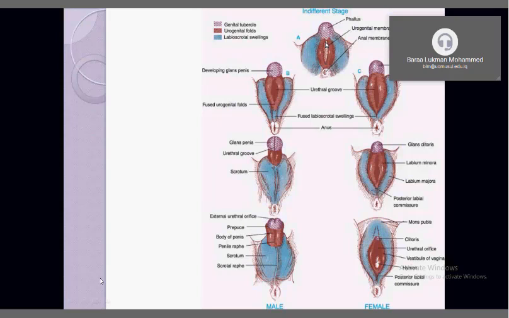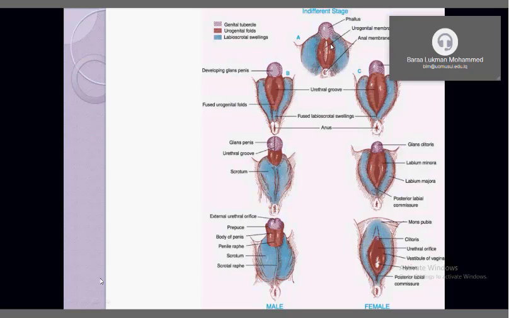If there is testosterone, properly converted to dihydrotestosterone, this will induce masculinization of the external genitalia into a male, where the genital tubercle forms the glans penis, the genital fold forms the penile urethra, and the genital swelling forms the scrotum.